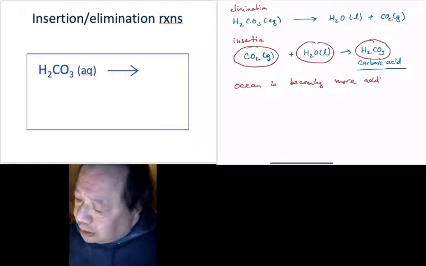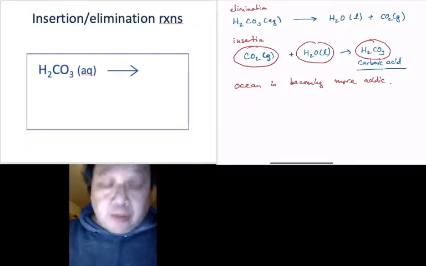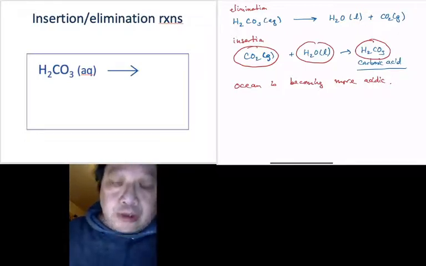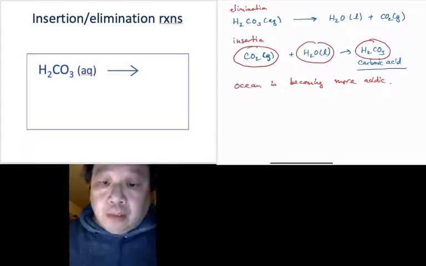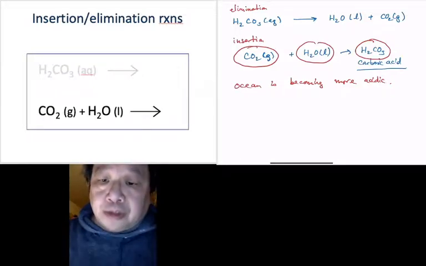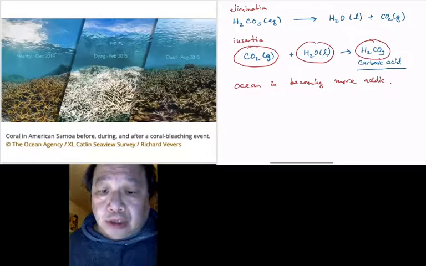And this is one of the great disasters of the modern world. I hope some of you, because many of you will go on to different areas of science, will help solve this problem. But here is a very sad picture of what happens because the ocean is becoming more acidic.